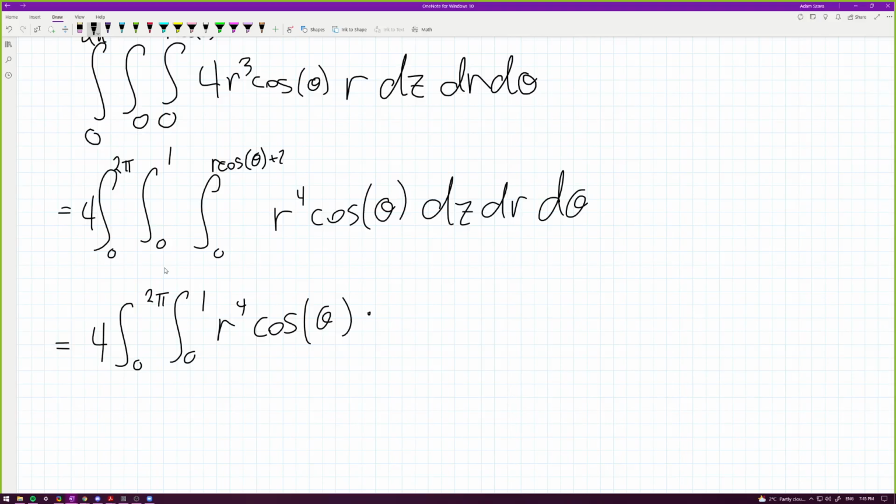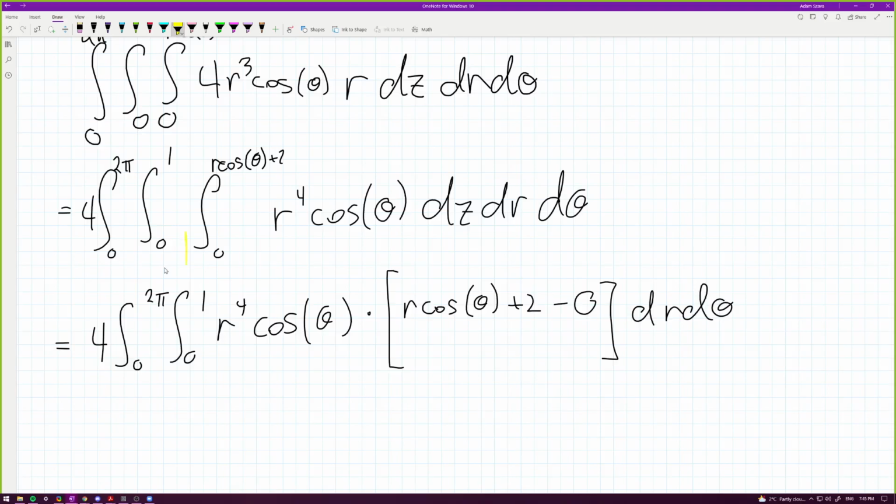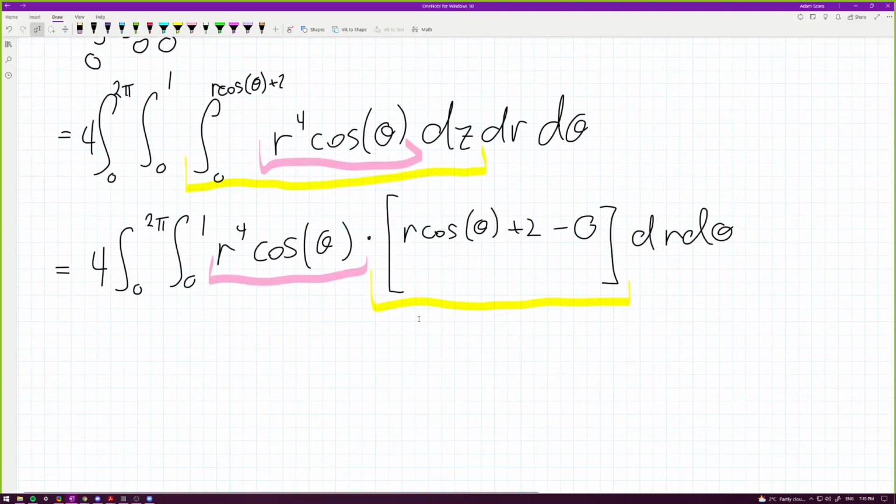It's going to be times r cos theta plus 2 minus 0, right? dr d theta. So essentially that block turned into that, but we just took that out because it's constant to that integral because there's no z in there, right?